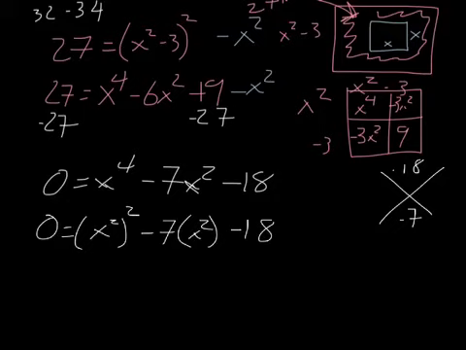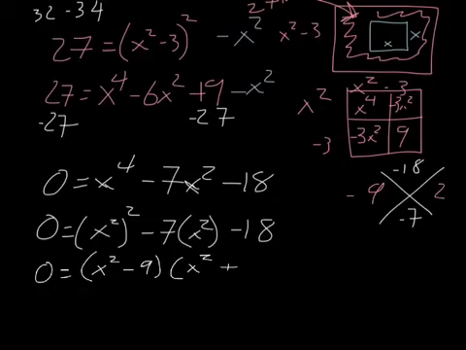My factors would be, let's see, what multiplies up to negative 18 and adds up to negative 7? I think a 9 and a 2. Right, 9 and 2, and let's make it a negative 9 and a positive 2, and that seems like it'll work just fine. So that means we could say, hey, 0 equals x squared minus 9 and x squared plus 2.